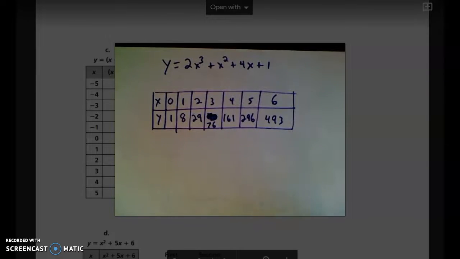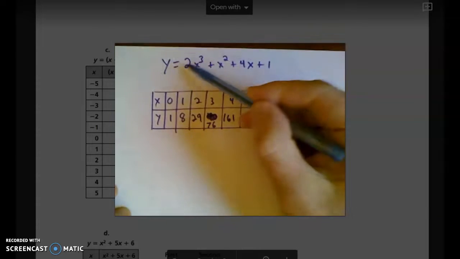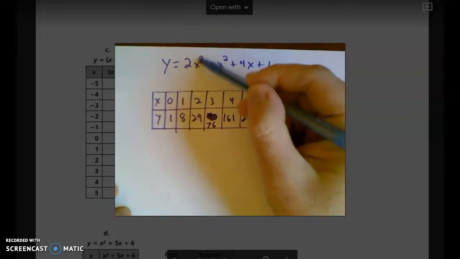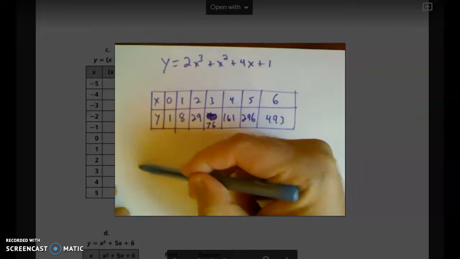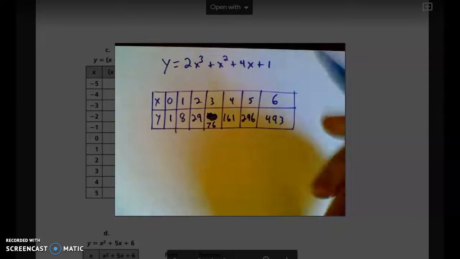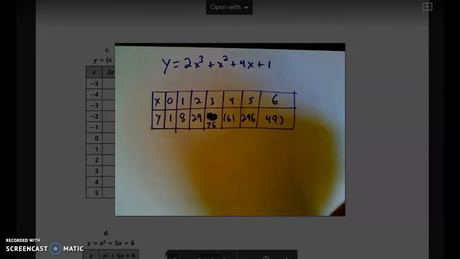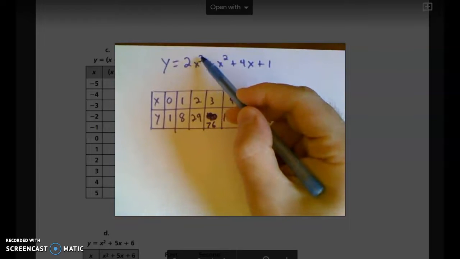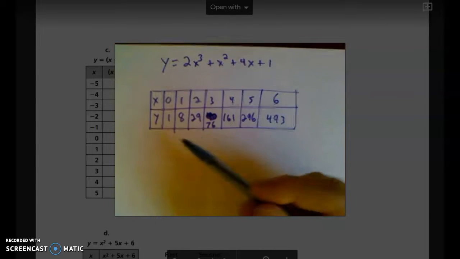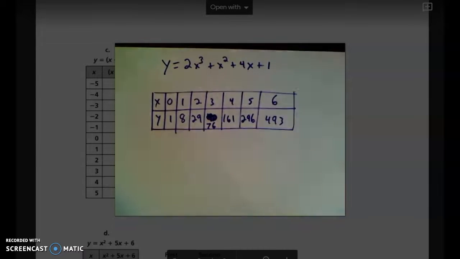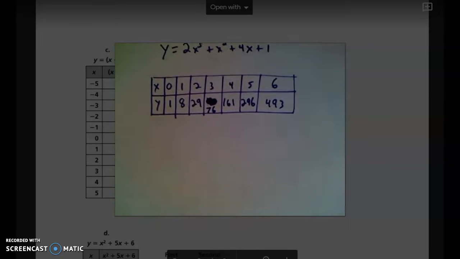That means it's like multiplying two linear equations together. But what if we had something, this is not a quadratic equation because the highest power is 3. Okay, it won't give you that nice little parabola, but the differences still have a pattern. Because it's x to the third power, what that means is the third difference is going to be the same. So I just wanted to show that to you.